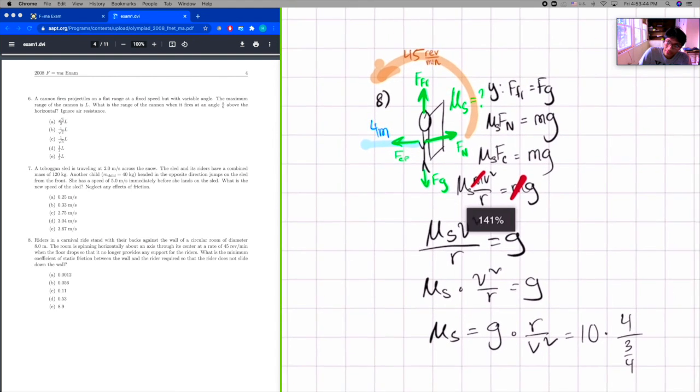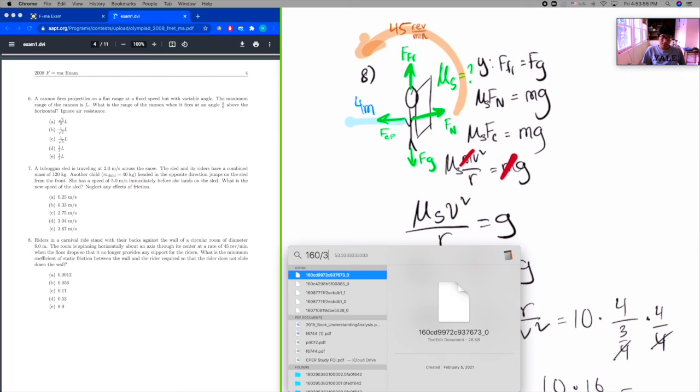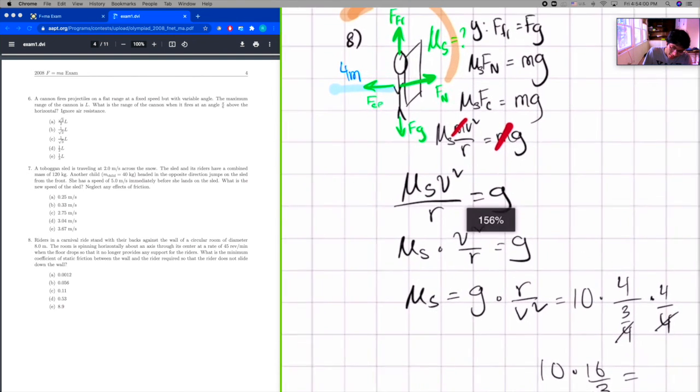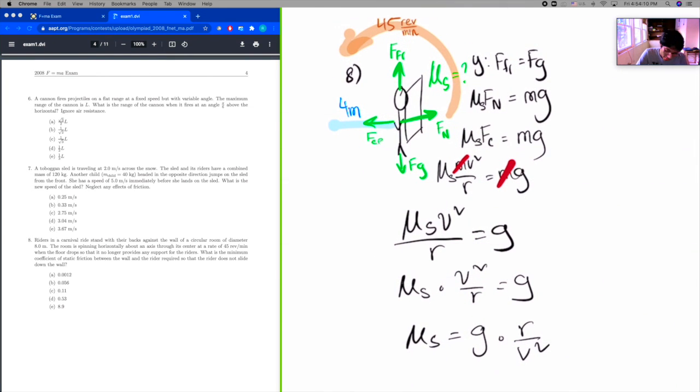This is kind of troubling. But I have a backup. I think I know what I should do if this method doesn't work. 10 times 16 over 3. So what is that? 160 over 3. Yeah, it gives me an obscenely large number. I'm confident about all the constants in the problem except my velocity. My velocity is the kind of thing I'm a bit worried about.